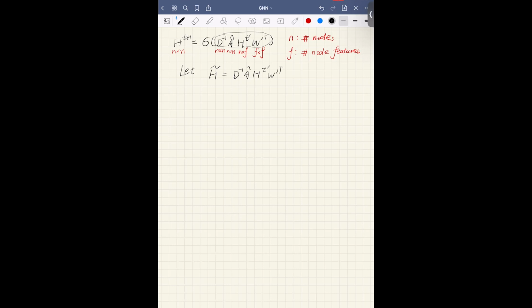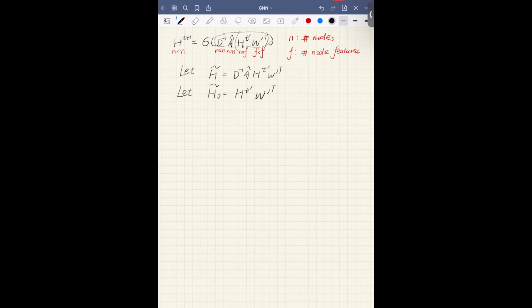Okay, so this creates one node in the computational graph. The other thing is I want to define a term that represents the product of these two matrices. Let's say H delta 0 equals the product of H_t prime and W prime transpose.